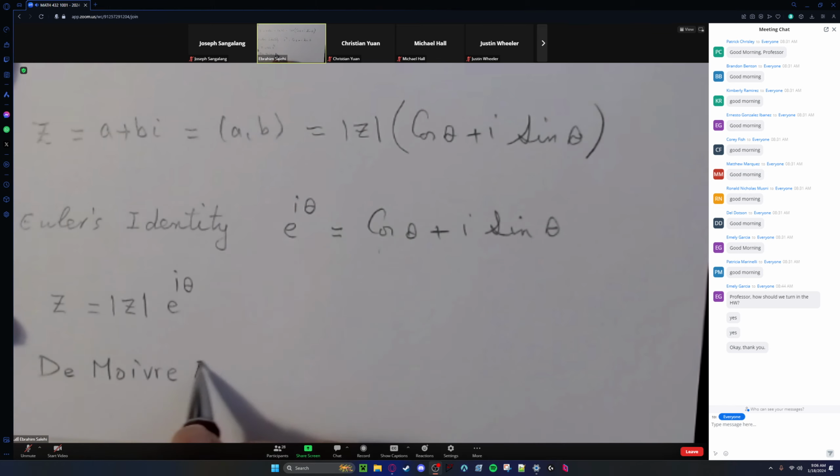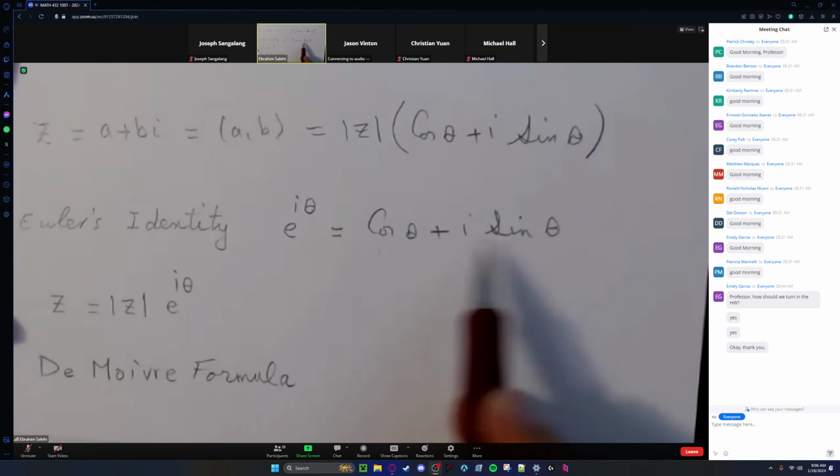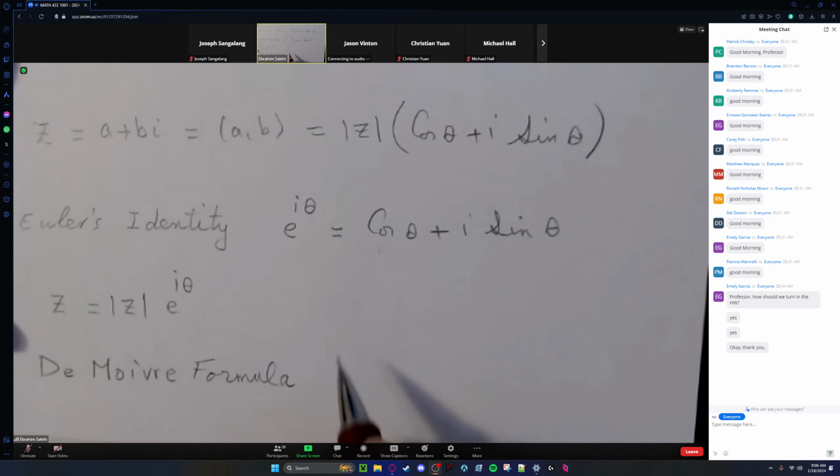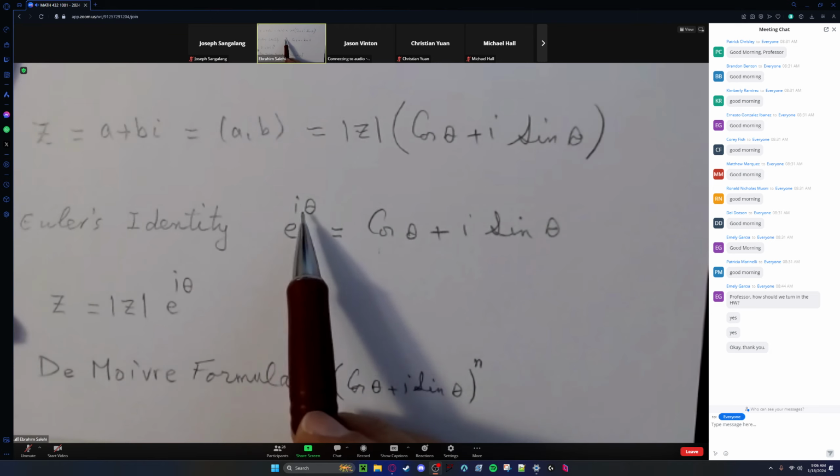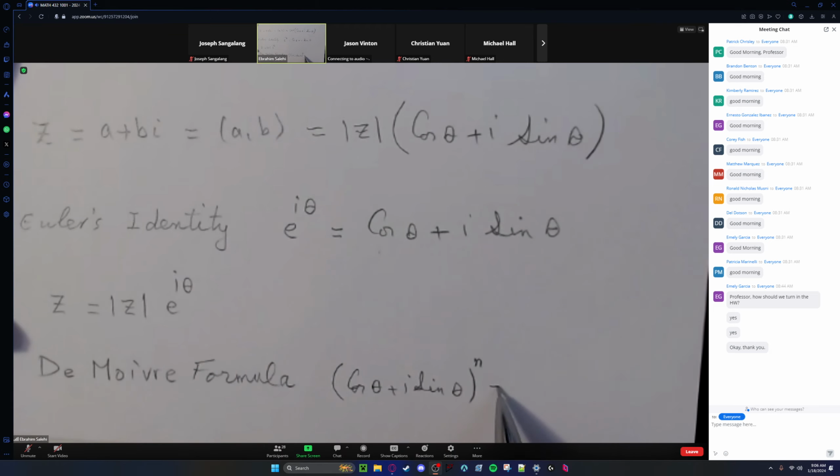You raise it to the nth power: cosine theta plus i sine theta to the n equals e to the i n theta, and e to the i n theta is cosine of n theta plus i sine of n theta.